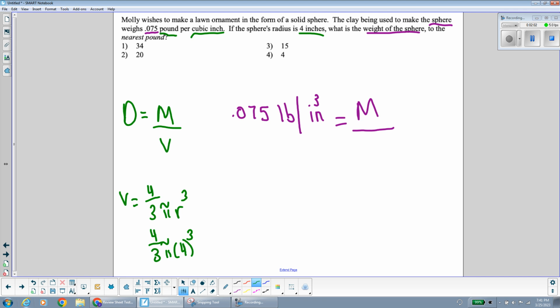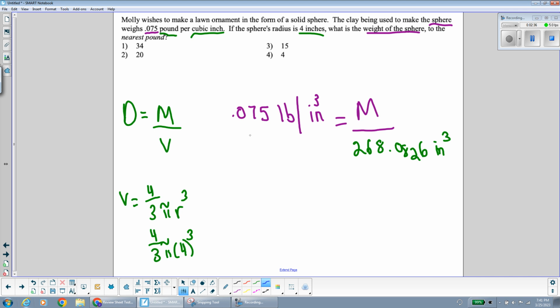So 4/3 pi times four to the third power, and that is approximately 268.0826. I want to leave a couple of decimal places until my very last step, so that way I don't make a rounding error by accident.